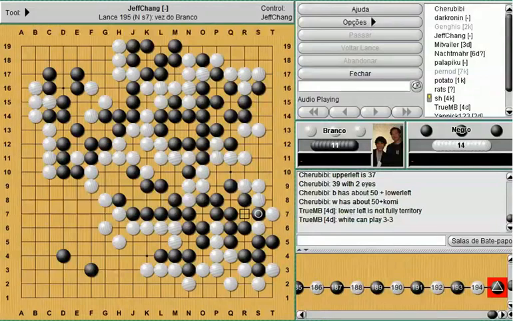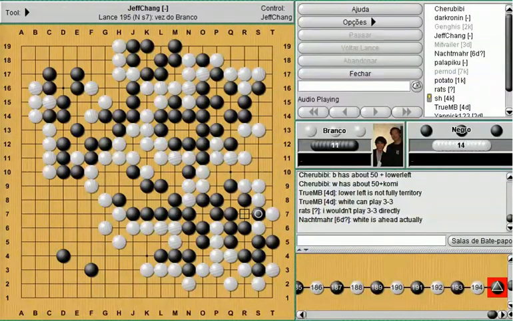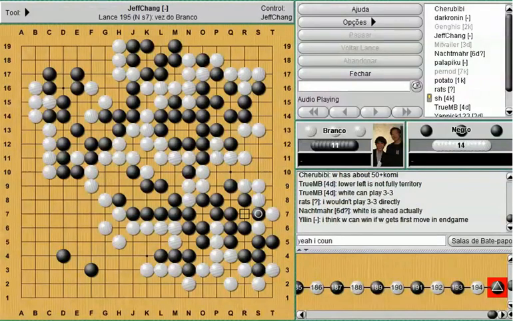I'm not sure how your counting is. Black has about 50 plus, lower left only. So white doesn't need to get anything.